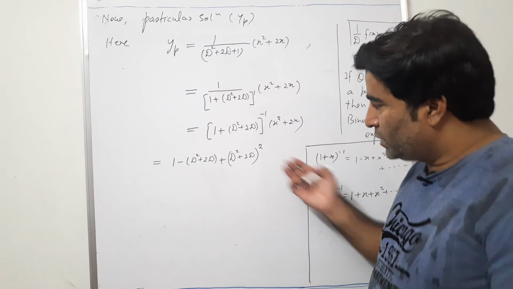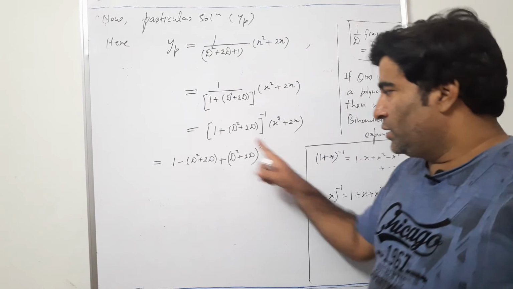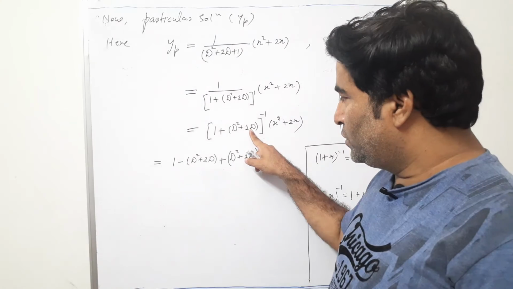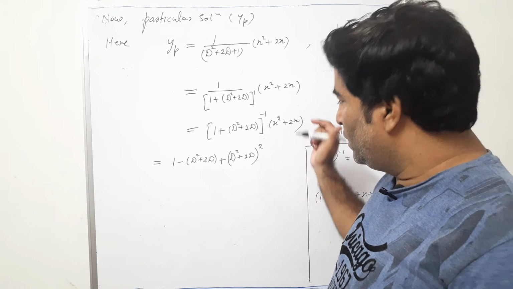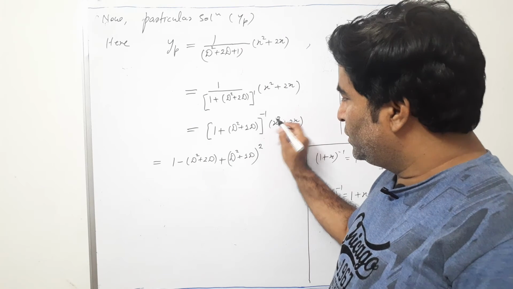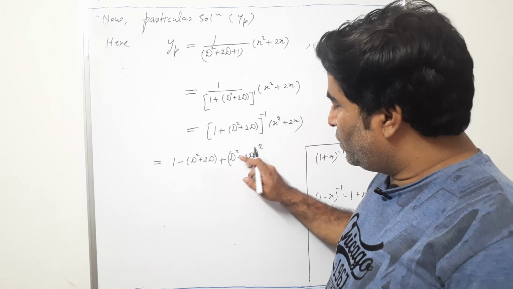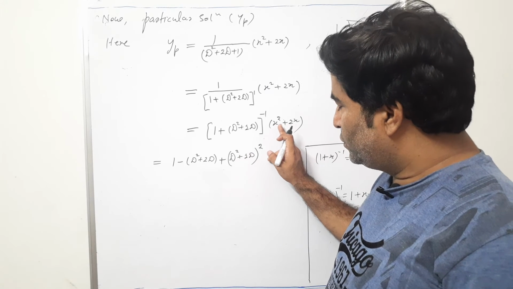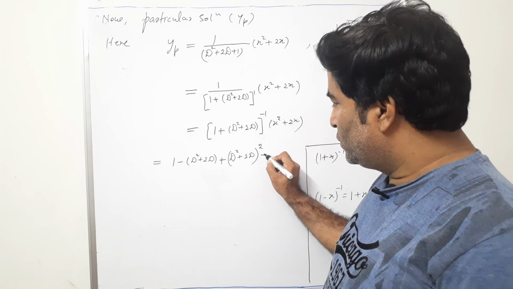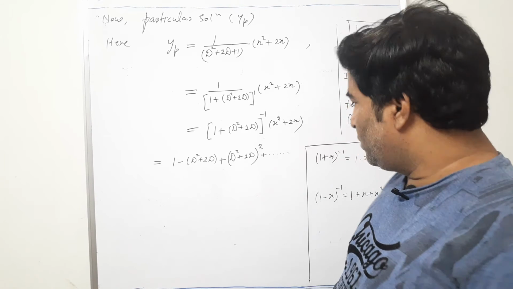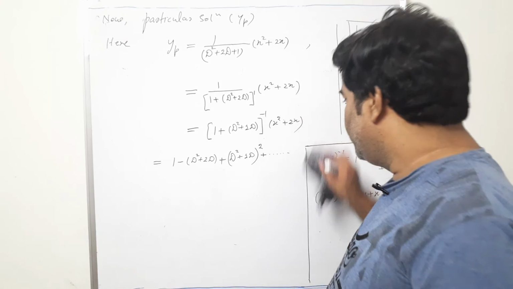The next term is minus (D square plus 2D) whole cube. But we have to expand the binomial only up to the power of D equal to 2, so the next term contains a power of D greater than 2.